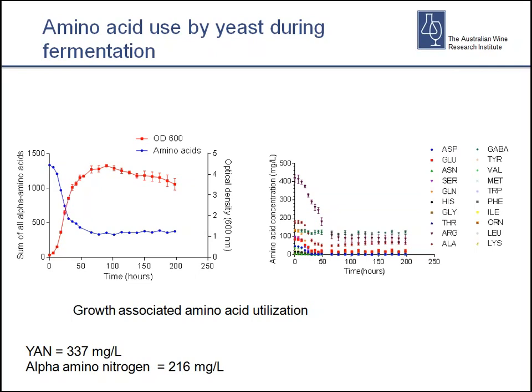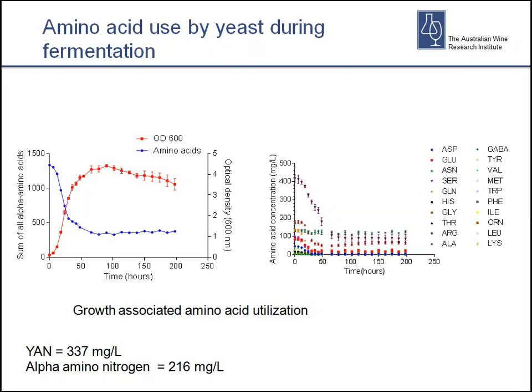That's the bulk of YAN anyway. And what's immediately evident is that almost all nitrogen consumption occurs during growth phase. After this, cells tend to turn amino acids over and reutilize internal components rather than require their importation.